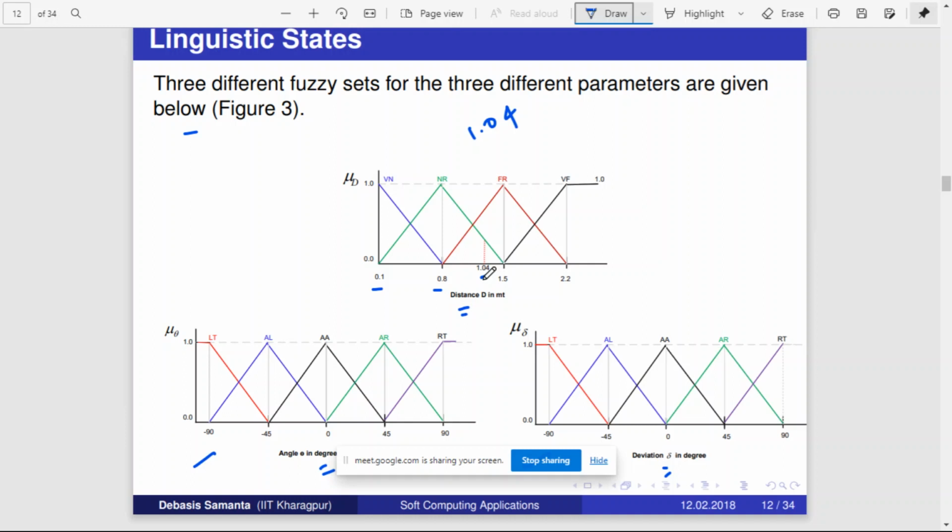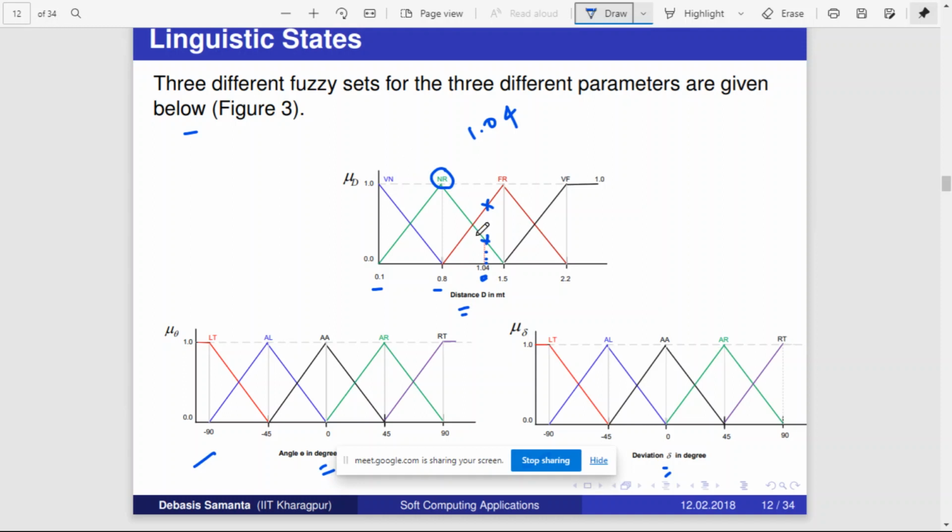If you draw a line from this 1.04, it will intersect on this line and on this line. What is this line? This is NR. NR represents near. And what is this? FR. FR represents far.